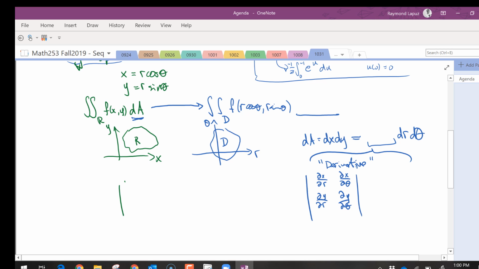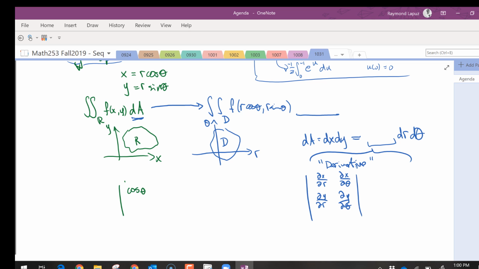Partial of x with respect to r, theta is constant. So it's just cosine theta. The r is just the variable, right? It's like saying 2r, the derivative of 2r is just 2.